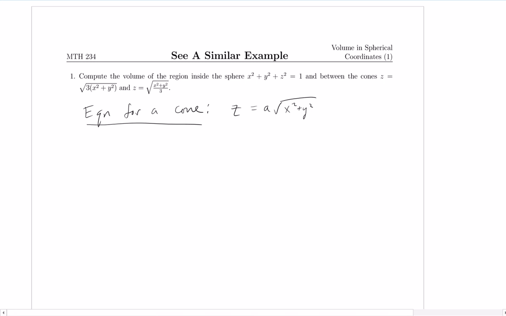Now I want to rewrite this in spherical coordinates. So let's substitute everything. Z in spherical coordinates is rho cosine phi.